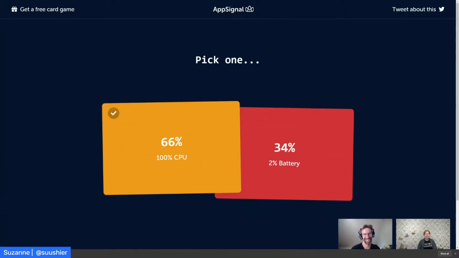Yes, totally. 100% CPU is horrible. You can't get anything done. At least with the 2% battery, you could squeeze something in. Yeah, but then I would have a phone which will be dying soon, and my laptop at 100%. It's not one or the other. This is a real life struggle.